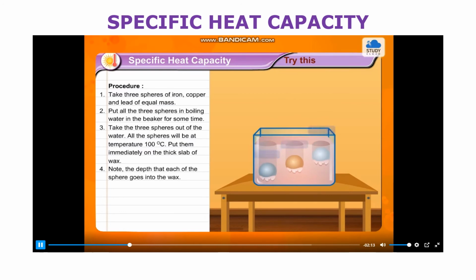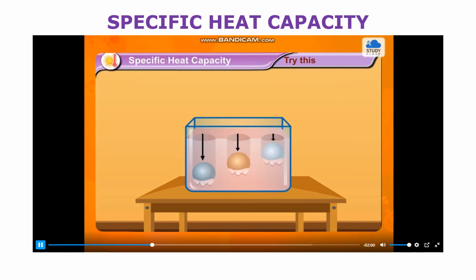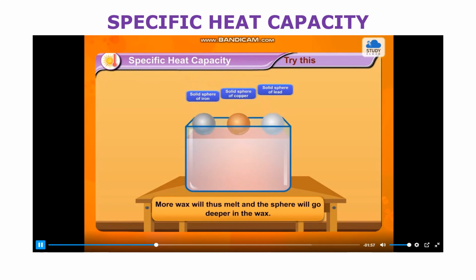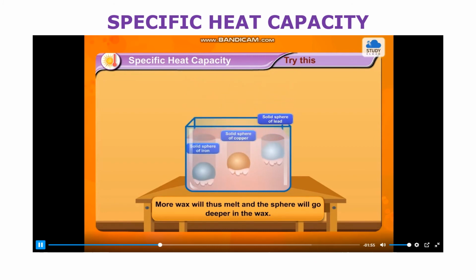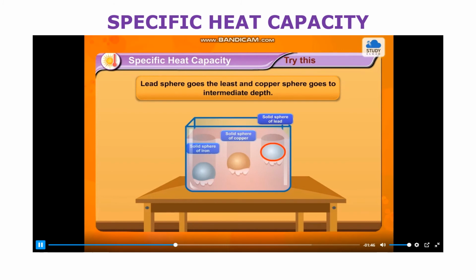4. Note the depth that each of the sphere goes into the wax. The sphere which absorbs more heat from the water will give more heat to wax. More wax will thus melt and the sphere will go deeper in the wax. It can be observed that the iron sphere goes deepest into the wax. lead sphere goes the least and copper sphere goes to intermediate depth.